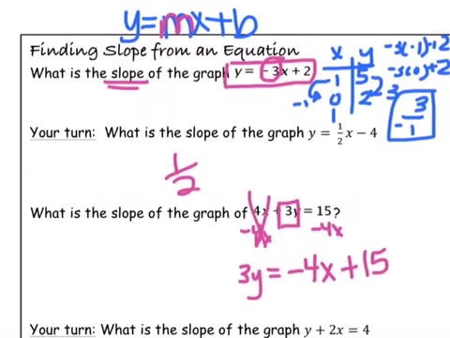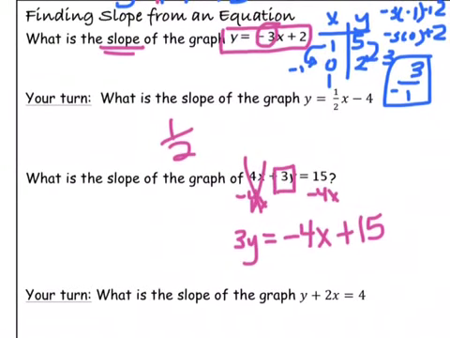Not quite. So, last step I have to do, I have to divide. And so, I need to divide everything by 3. So, I'm left with y equals negative 4 over 3x plus 15 divided by 3 gives me 5.